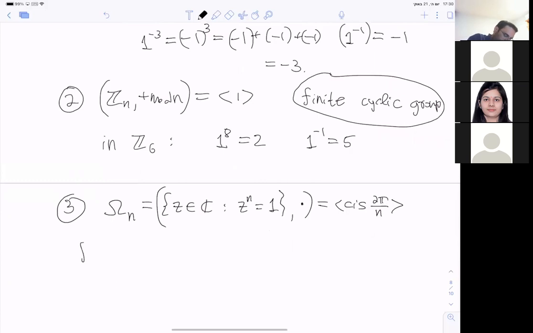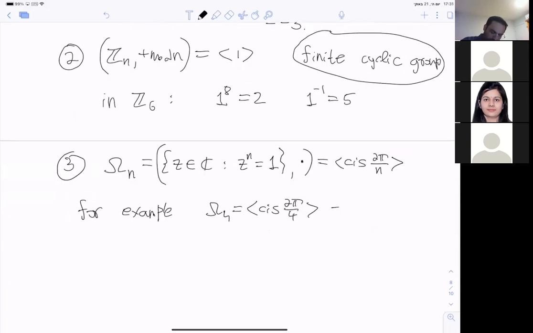For example, omega 4 is generated by this element, just i. Why?